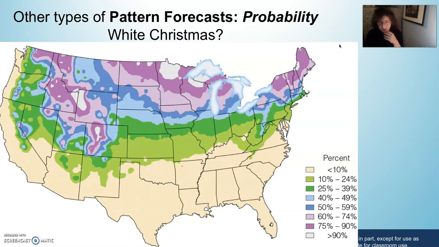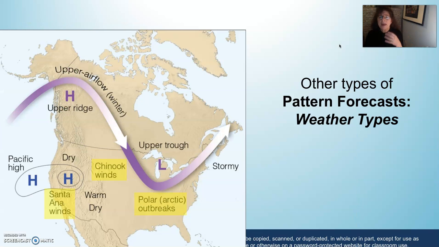Now we've talked about statistical forecasts. We've talked about analog forecasts based on experience. These are probability forecasts based on 30 years of experience for a white Christmas. There's other types like weather type forecasts. It's another pattern like you'd see here.